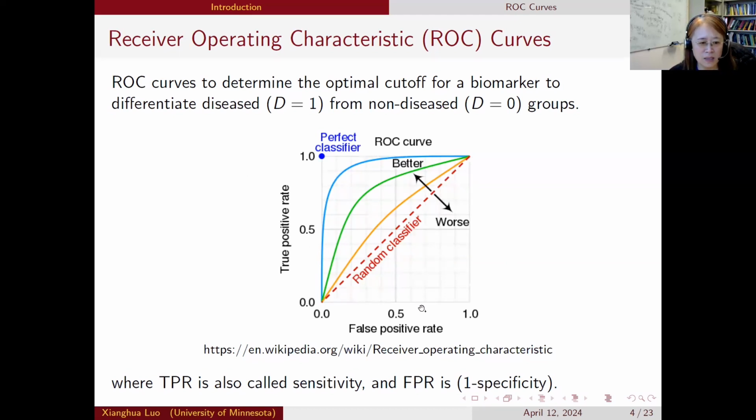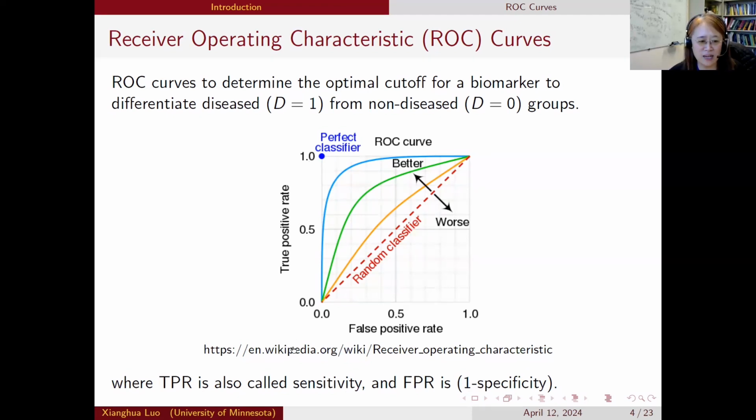And in this one by one space, the x-axis is the false positive rate, and the y-axis is the true positive rate. If you don't quite recall what they mean from the epi class, it's fine. I don't remember them often, but the true positive rate, TPR, is also called sensitivity.